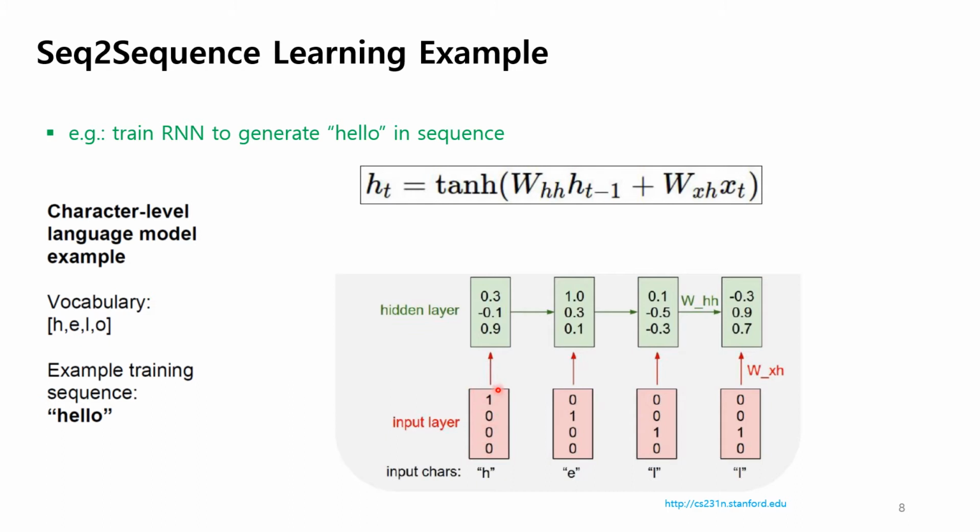That means this represents H. In the same way, when the second bit is 1, that means E, and this one represents L.